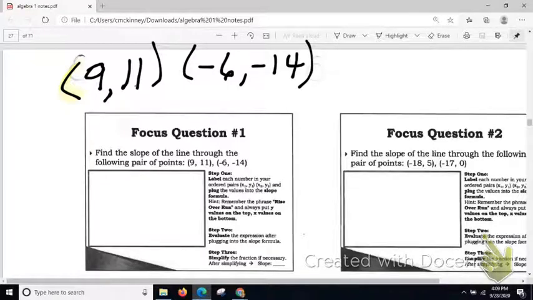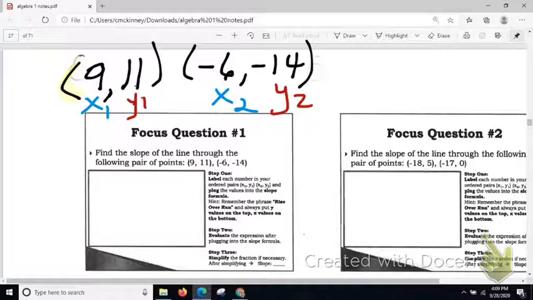When I look at them, remember in each one, the first number is an x. So we're going to call this x1 and this x2. It just means the first x and the second x. It does not mean we're squaring the x's. And this would be y1, and this would be y2.